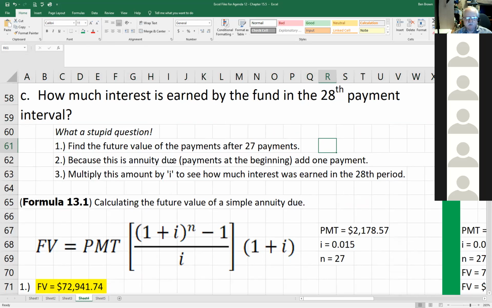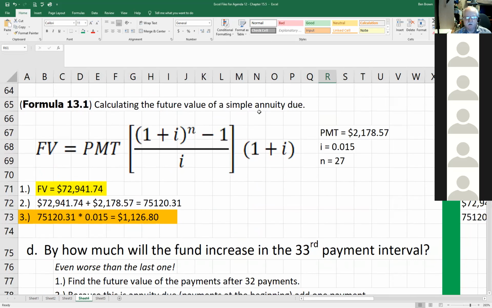And then because this is annuity due, add 1 payment because they're going to get paid interest on that 1 payment. And then multiply this amount by I to see how much interest was earned in the 28th period or payment period.